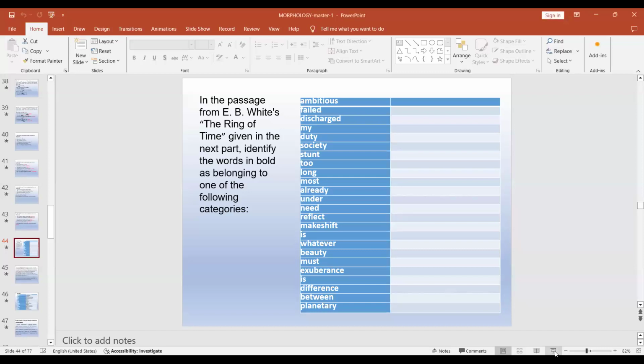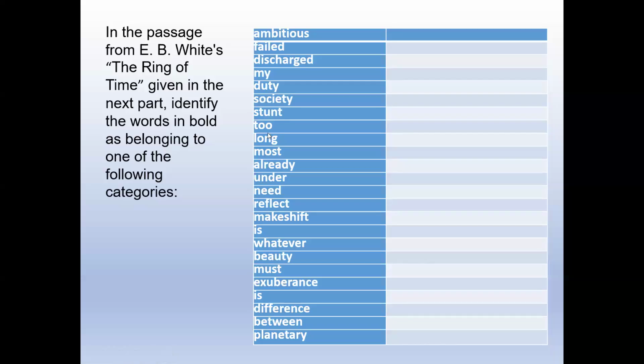This is the work. So in the passage from E. B. White's The Ring of Time, given in the next part, identify the words in bold as belonging to one of the following categories. Okay. So now these are the words in bold, right?